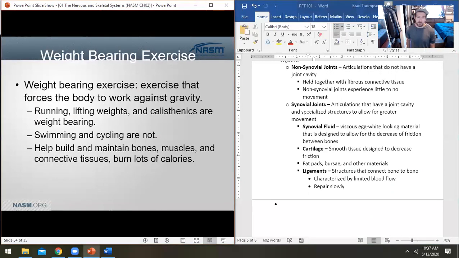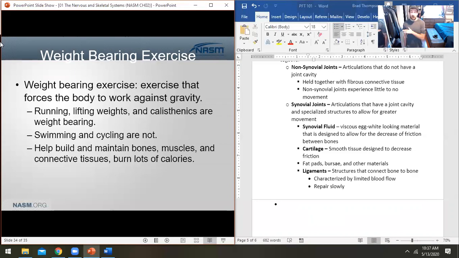So, positive effects of exercise. Again, I'm not going to put this in our notes today because it's not related directly to assessing, but weight-bearing exercise in particular, exercises that work against gravity, have been shown to be very, very good for our skeletal system. Running, weightlifting, calisthenics, anything that works directly against gravity are really good examples of ways to increase bone density.